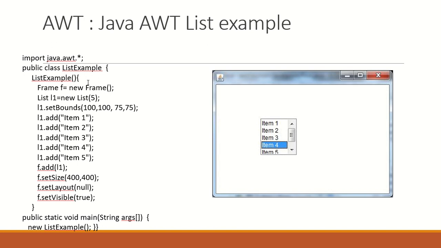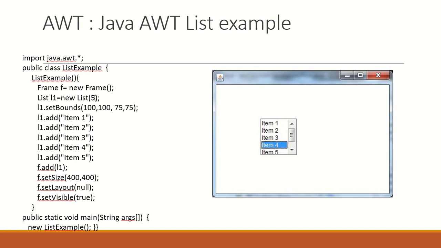Then inside that you are going to associate a frame by creating a Frame class object. Then you are creating a list. So as you can see, you are creating a list object which is termed L1. Your object reference variable for the List class object is L1, and the new list will contain 5 items.